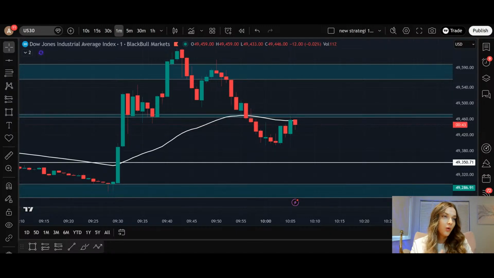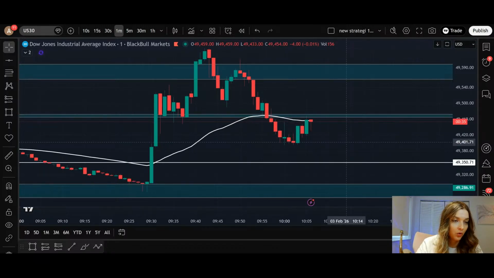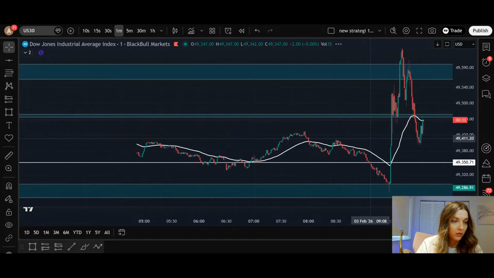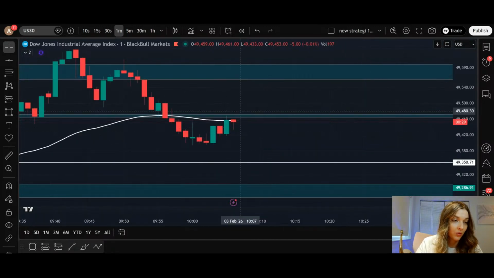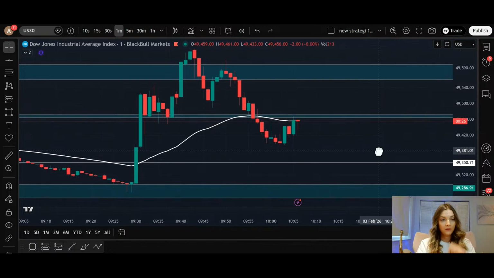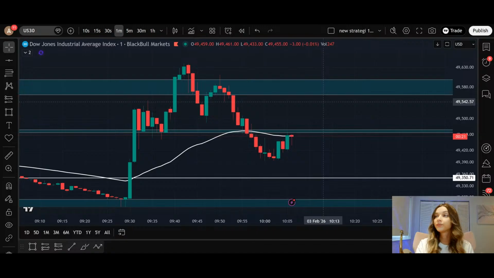If you guys want me to watch something else, let me know. Now I'm waiting to see if it's going to retest this EMA and go lower, or go back above and retest this area or break it again.